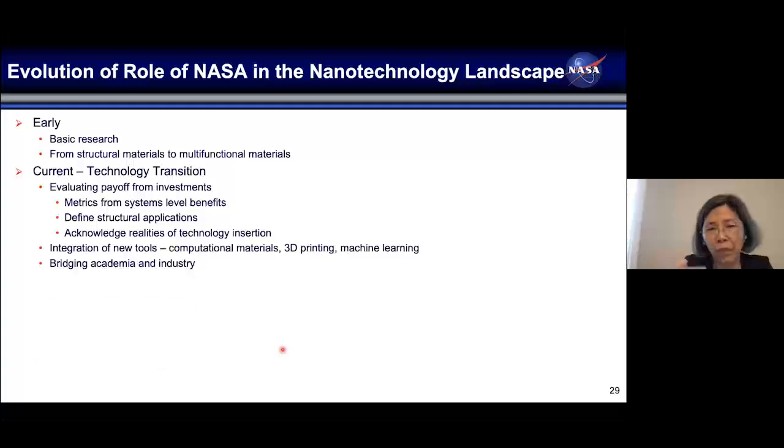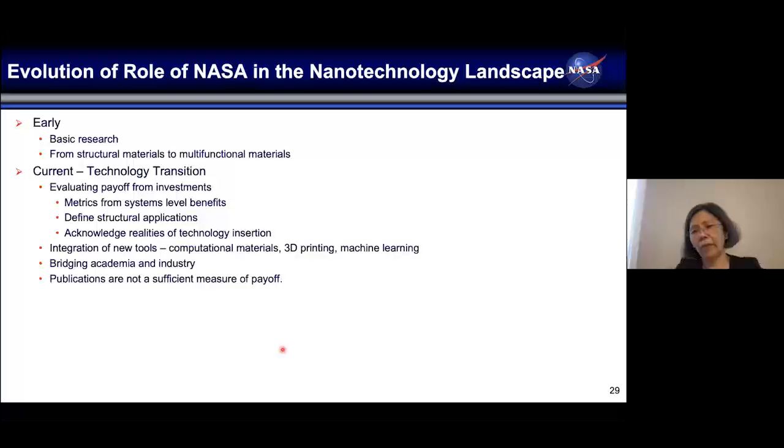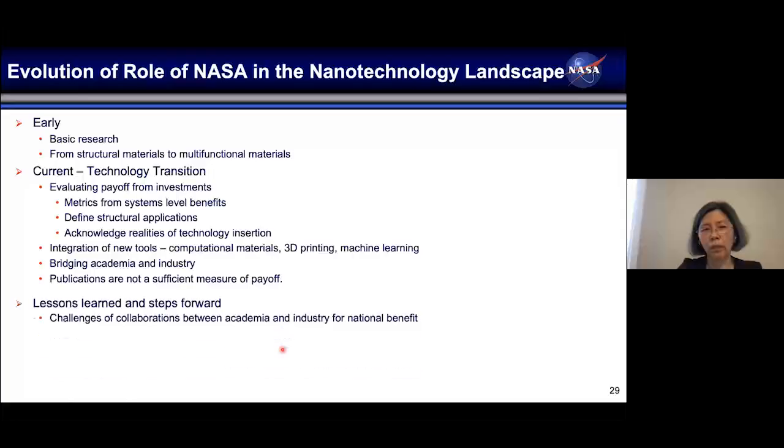We're trying to bridge academia and industry, and also realizing, we use publications as a metric of success. I mean, for incentives, but I don't believe they're enough to measure payoff for technology, especially for a mission agency.